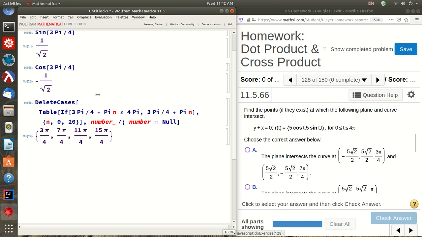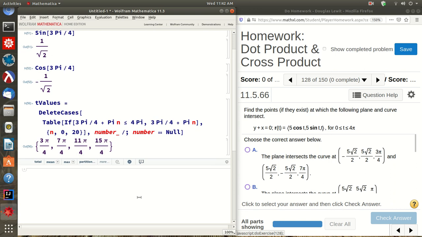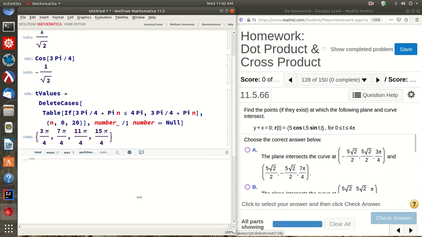And let's see, what should I call that? T values. Okay, Shift Enter. So now I can see that I really should have 4 answers.